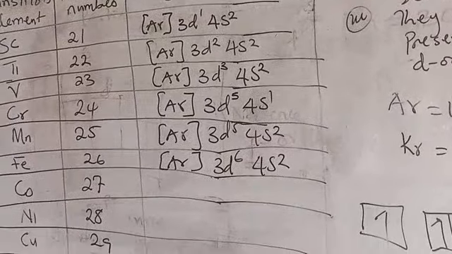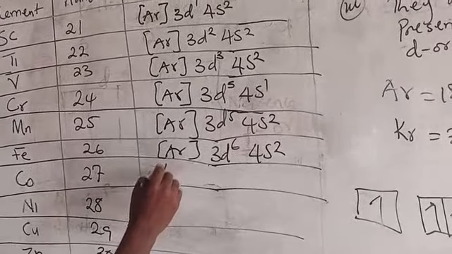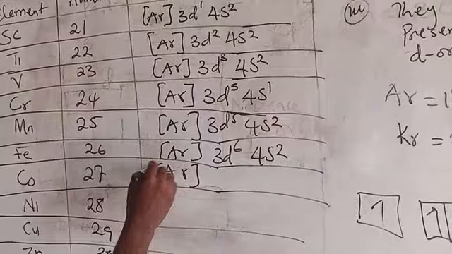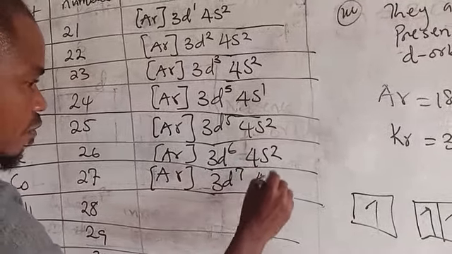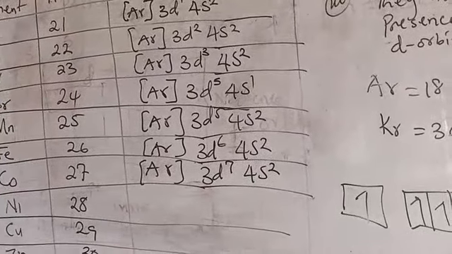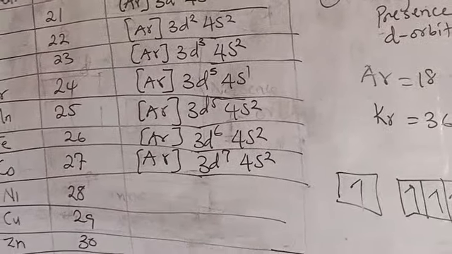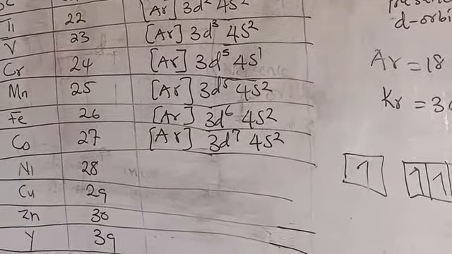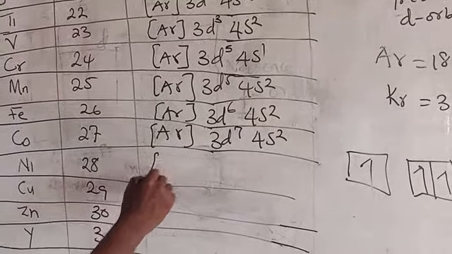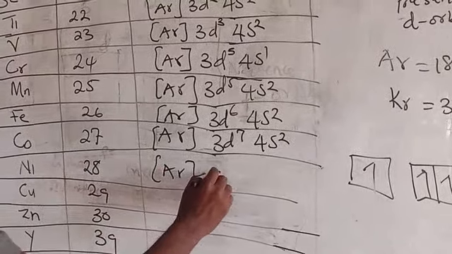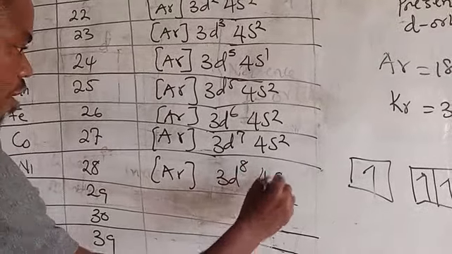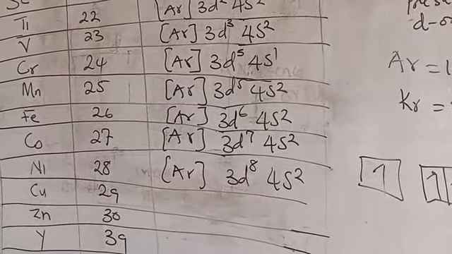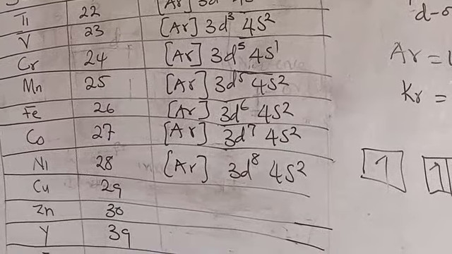Then cobalt, 27, going to be the argon core, 3d7, 4s2. Then we'll have nickel, 28, going to be the argon core, 3d8, 4s2. Am I correct? Yes.